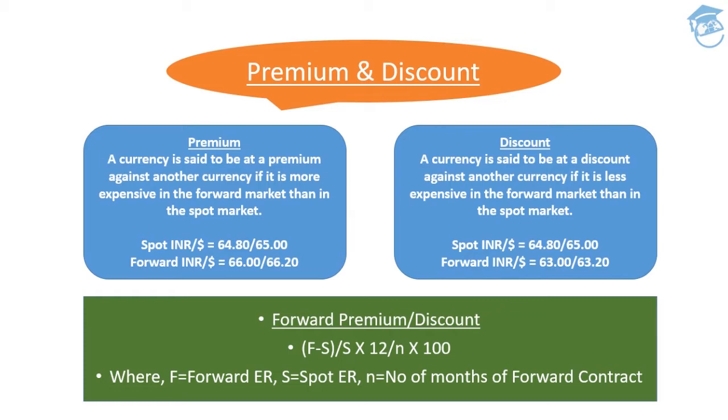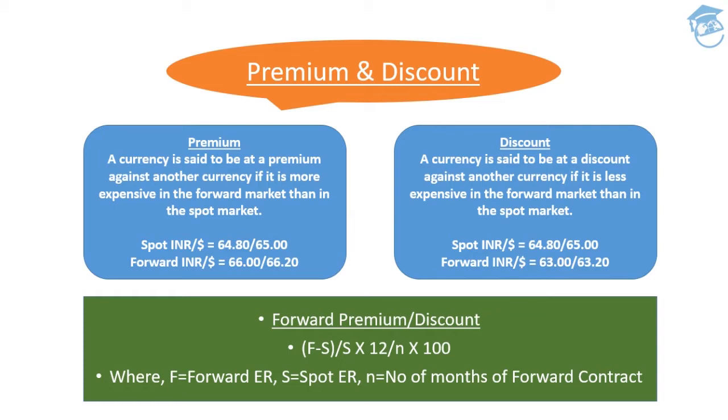After 2 months, the rate available in the market is 66 bid and 66.20 ask. So after 2 months, if I go to the banker and ask for $1, he will ask me to pay 66.20 rupees. Today, I need to pay only 65. After 2 months, I will have to pay a forward rate of 66.20.